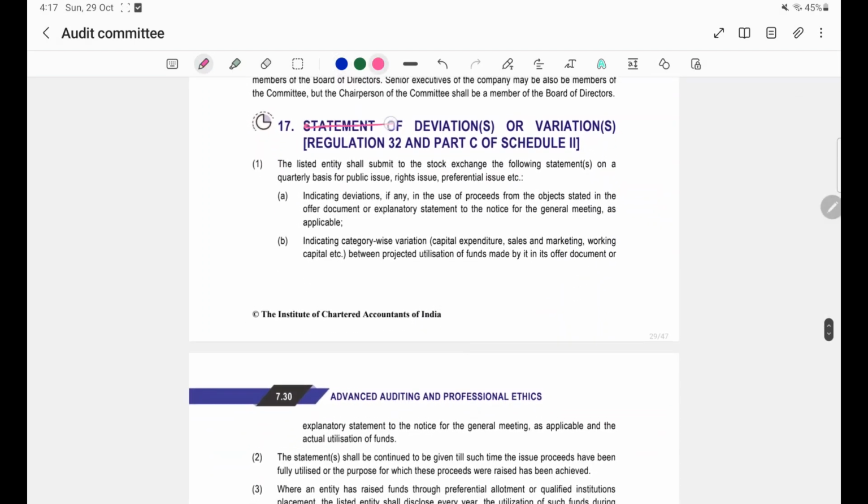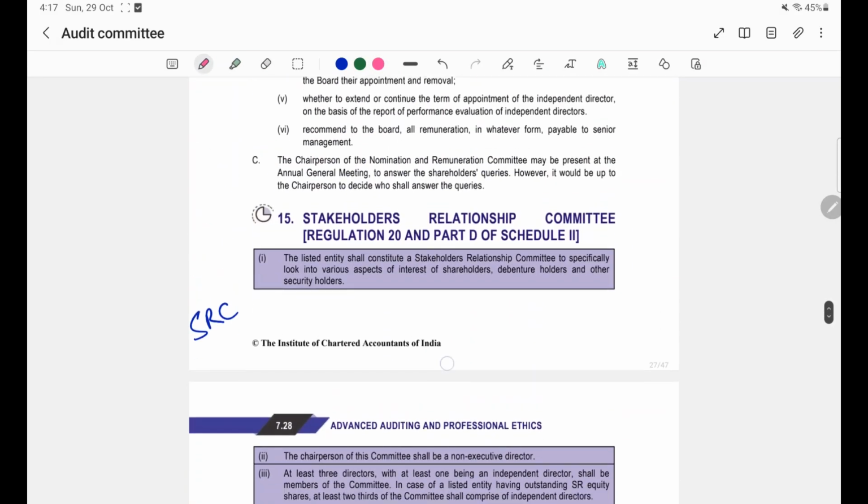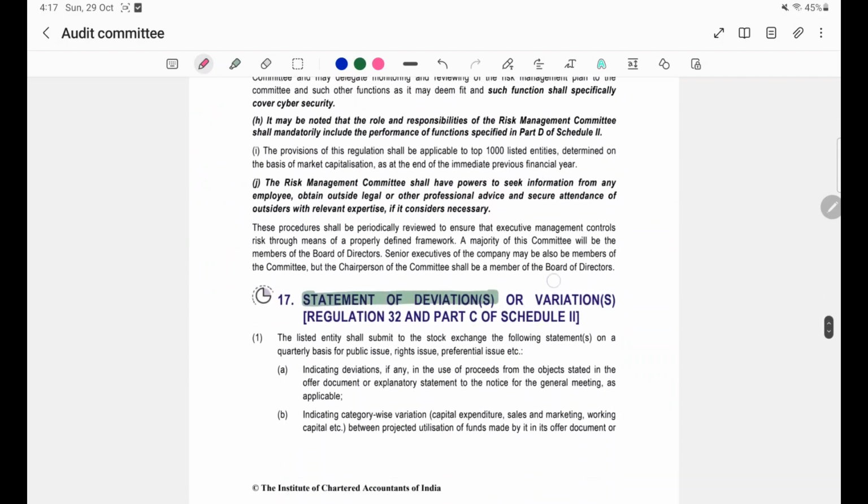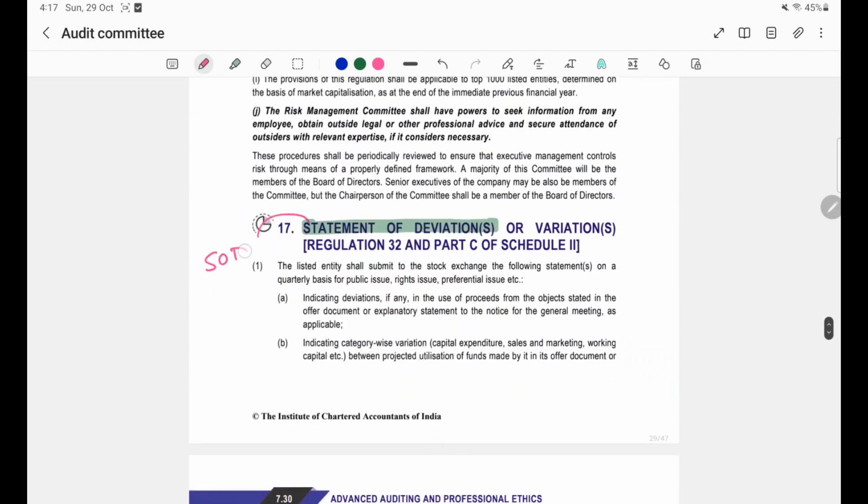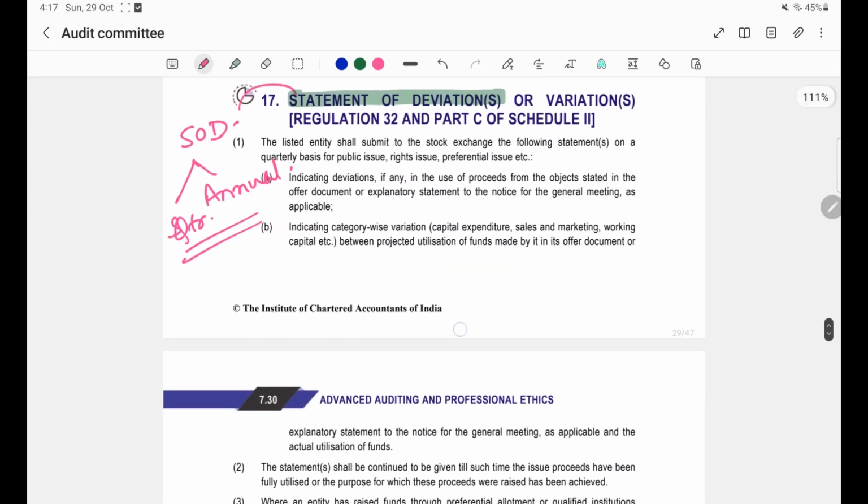Then there is statement of deviations, that is, we read it as SOD. Where we read it as SOD above, that was quarterly statement and annual statement, if you remember. So there is statement of deviations or variations. In this, what the entity has to do?